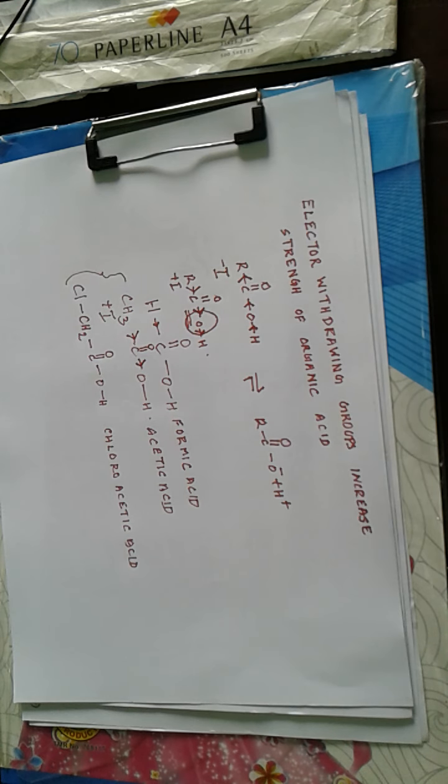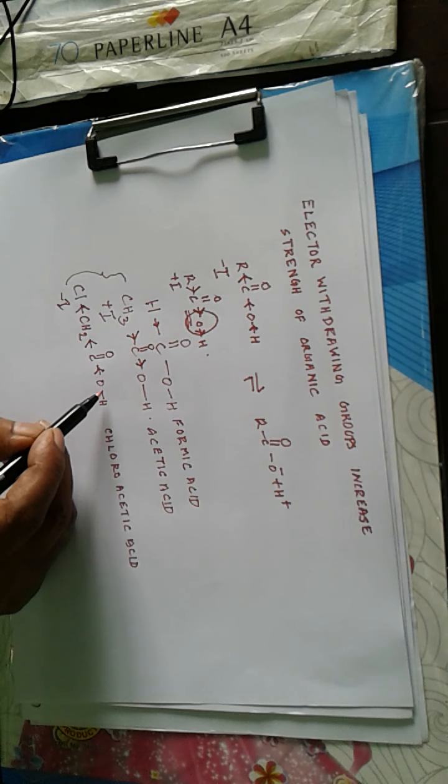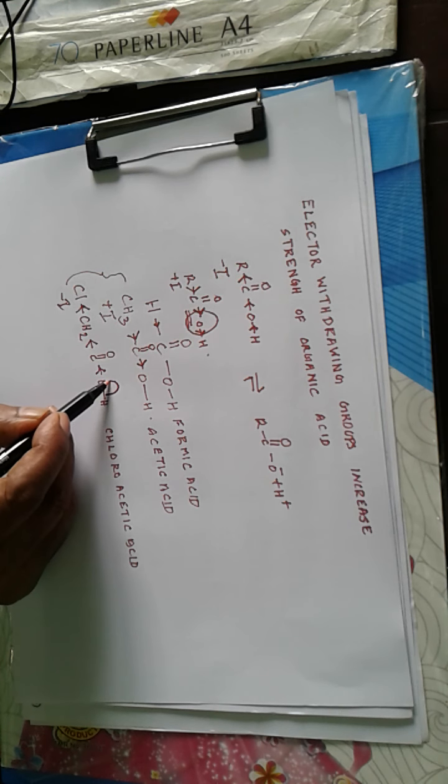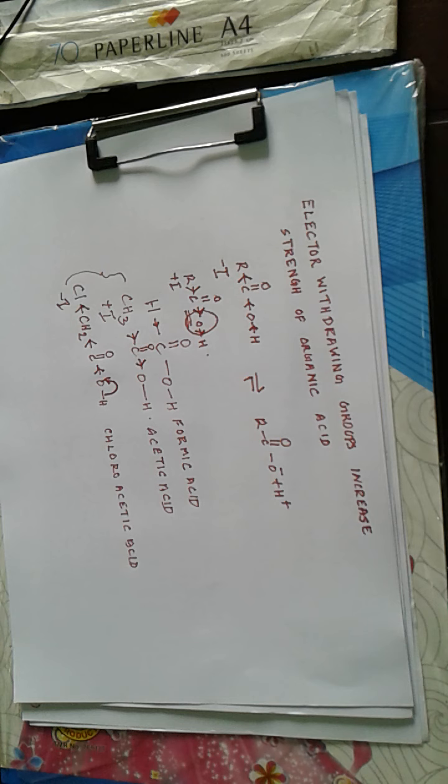This minus I effect will be propagated along the chain, so that electron density is withdrawn from the oxygen atom, so that the ionization of the OH bond is made easy, because oxygen strongly pulls the electron pair in the OH bond. So chloroacetic acid is more acidic than acetic acid, and that is again mainly due to the minus I effect of chlorine.